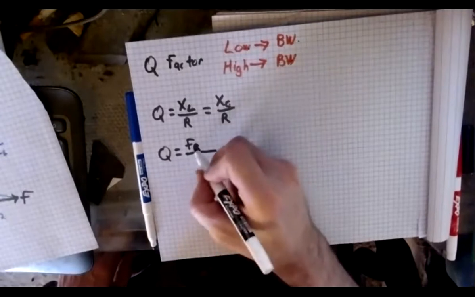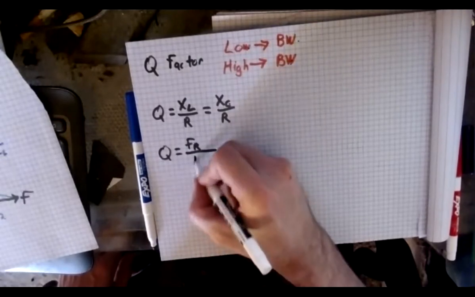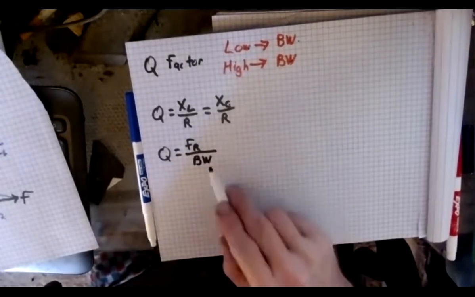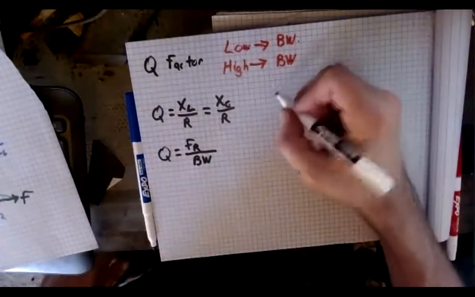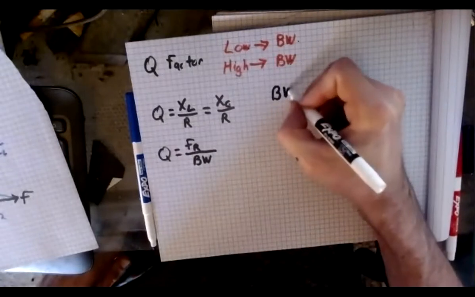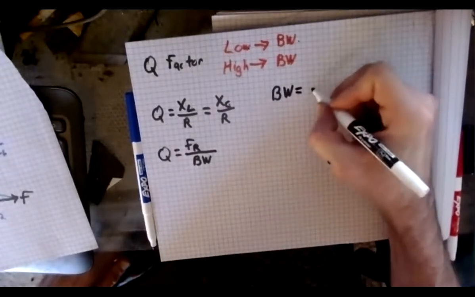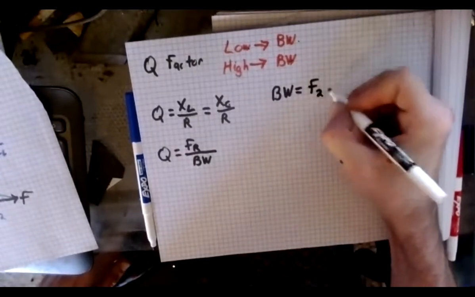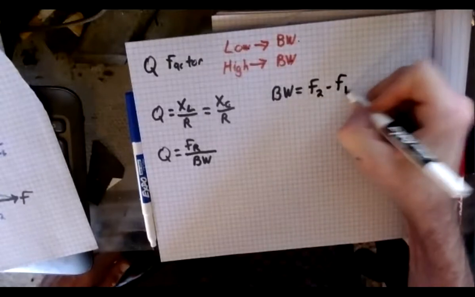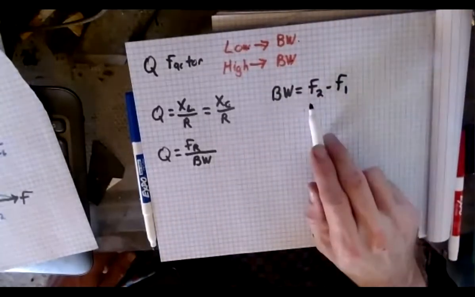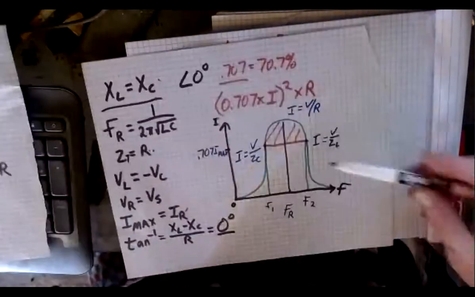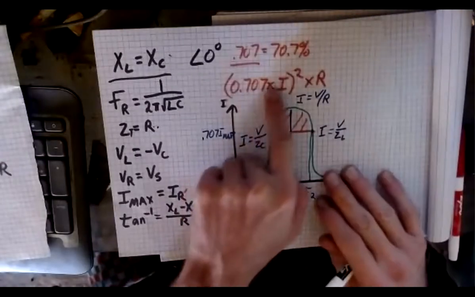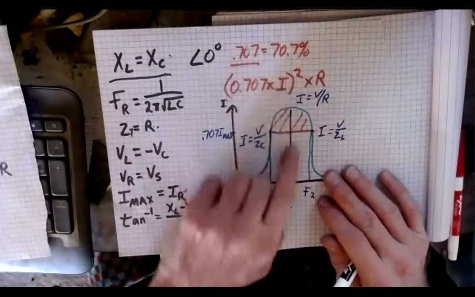Now, another way, related to this, is my center frequency over my bandwidth. So how do I find my bandwidth? From previous, we find out my 70% point.